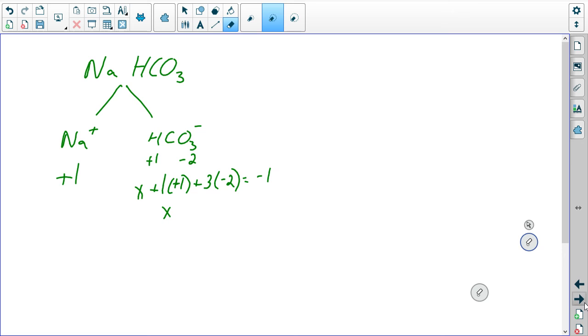That's supposed to be a plus sign. We have the carbon in that case equaling a positive 4. So when you have an ionic compound, treat it as the 2 separate ions.